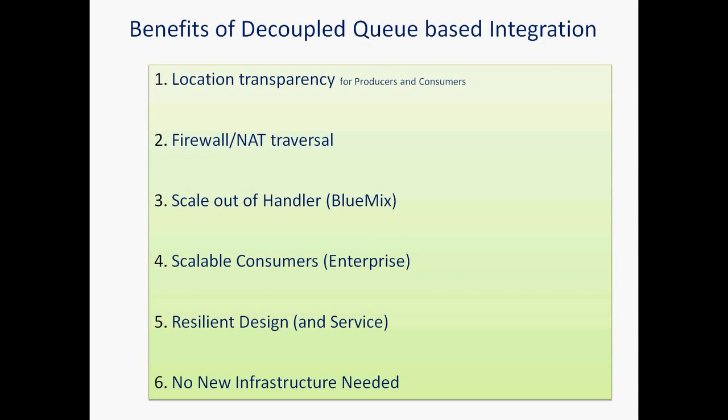Of course, scale out of the handler. Let's say the BlueMix app itself is scalable. Let's say more members come in. We saw in the last presentation about auto scaling on BlueMix how this scales beautifully. There's no problem. Also, it's scalable on the consumers. So if your application can take care of the interaction with the databases, etc., simultaneously, you could stand up multiple instances of your consumer.